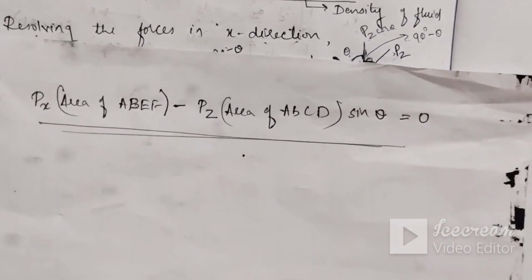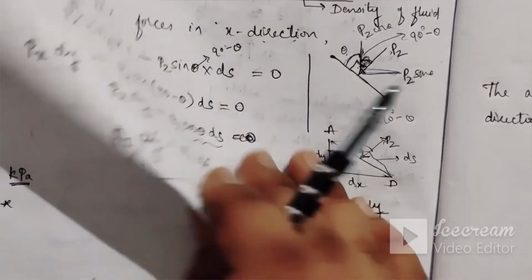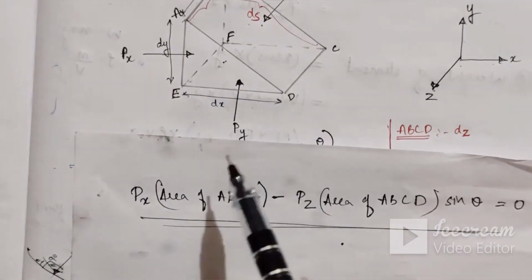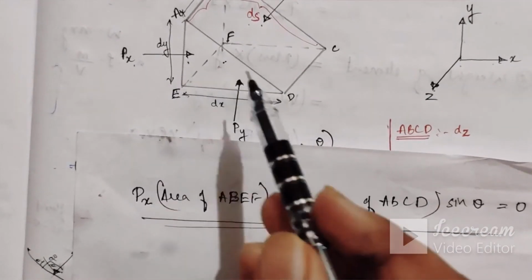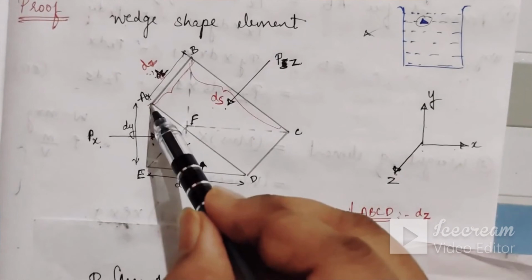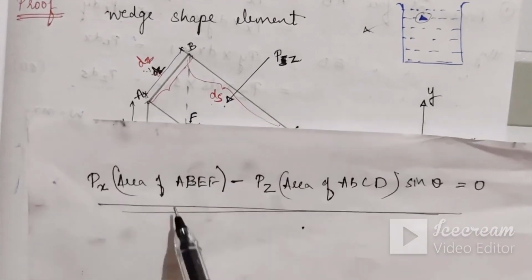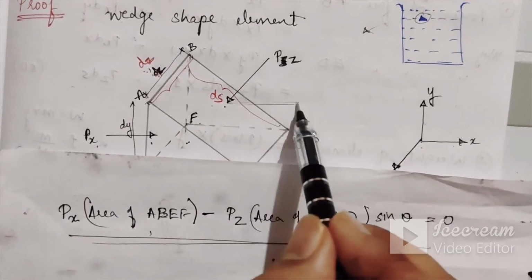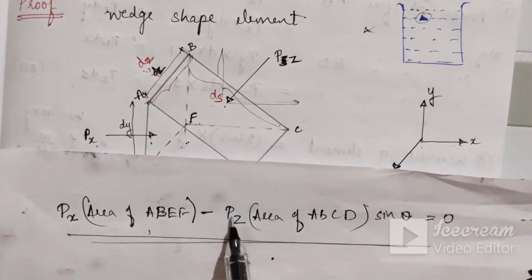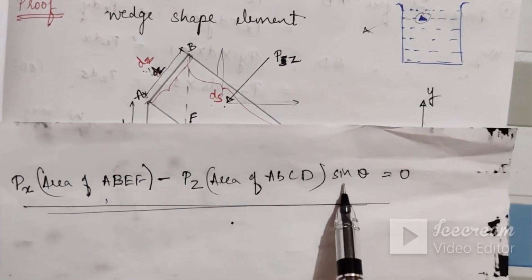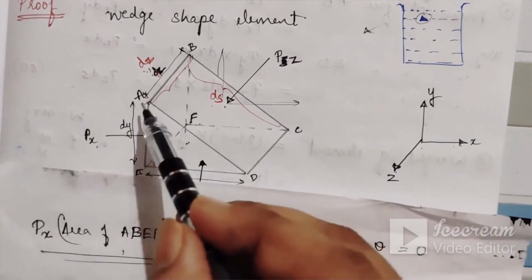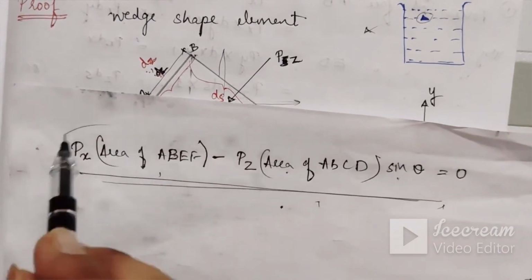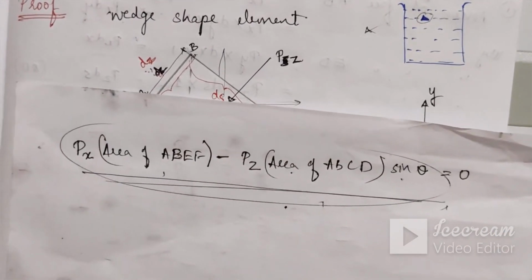Whenever we take this concept, we require this 3D element. So px into the area of ABEF, minus, here another force will come: pz into sin theta into the area of ABCD. If you follow this also, you will get the same answer.